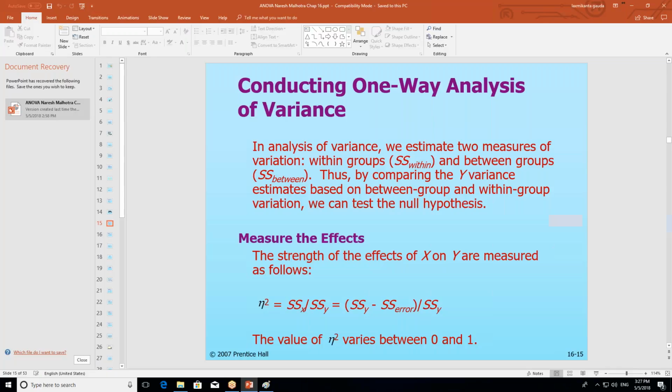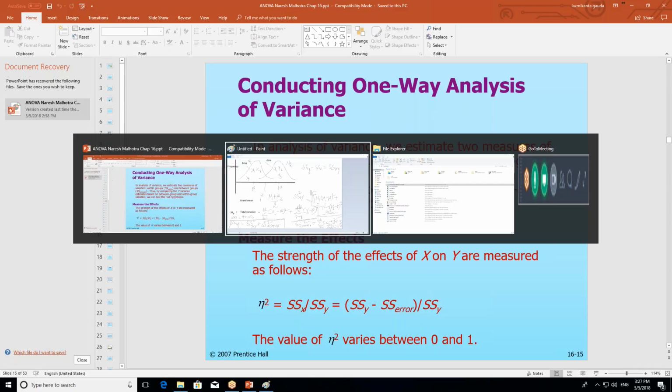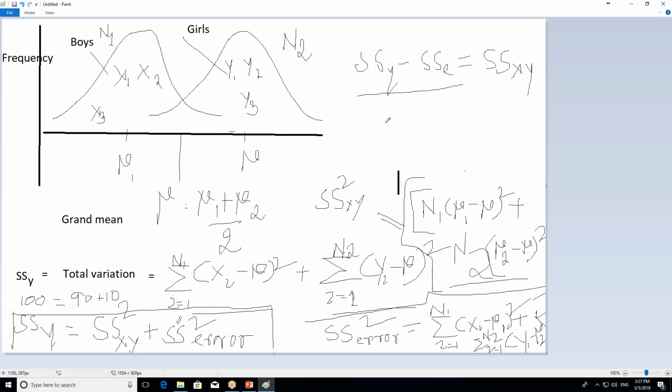Now, this is my eta square, SSX by SSY. SSX is the between the group variation, and SSY is the entire variation. Now SSX by SSY is nothing but SSY minus SS error divided by SSY. So here they are telling us to divide it with SSY.